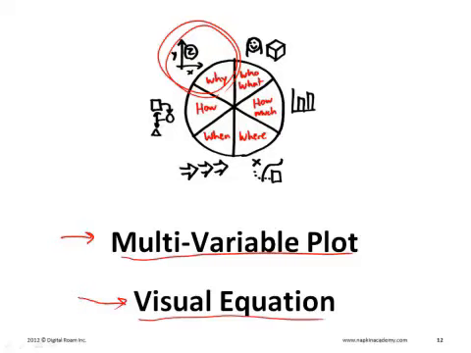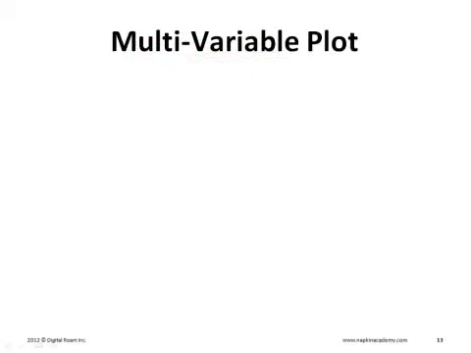For the rest of the session today, we're going to draw both of these because they always go in parallel. And even though the multivariable plot appears to be more complicated to draw, because the visual equation, as we see, is actually very simple, we're always going to start with the plot because that is what will drive the equation for us. Let me give you an example.